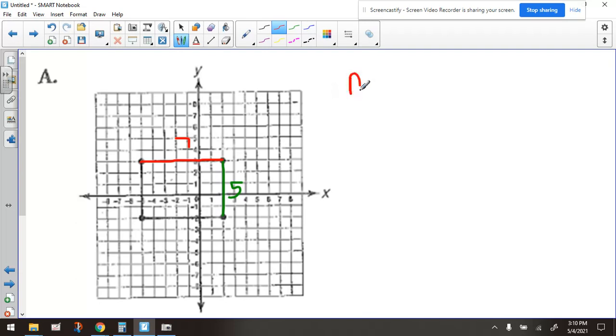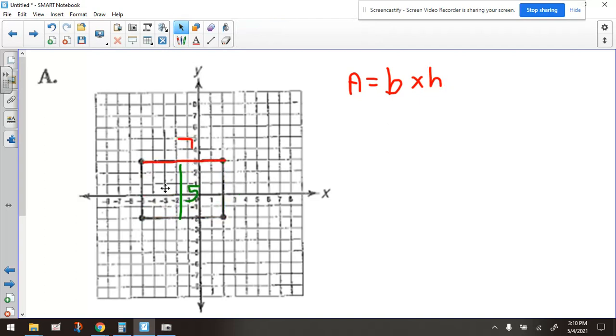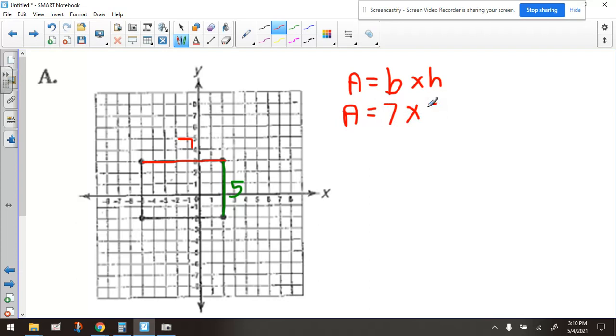And it's a rectangle, so we would do base times height. And if this line is 7, that means that this line is 7. And if this line is 5, that means this line is 5. So 7 times 5 should do the trick. And of course, we do get 35. So it looks like we're going to be picking that one. That's 35 square units.